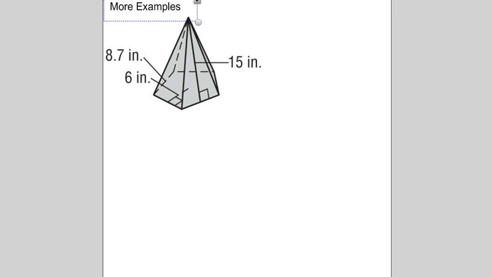So towards the bottom of the front of your note guide, you have more examples. You should have a picture that looks something like this. We're going to try another one. The same idea. Lateral is 1/2 capital P, perimeter of the base, times L, the slant height. In this case, if you look at this carefully, you see that this is a pentagon.